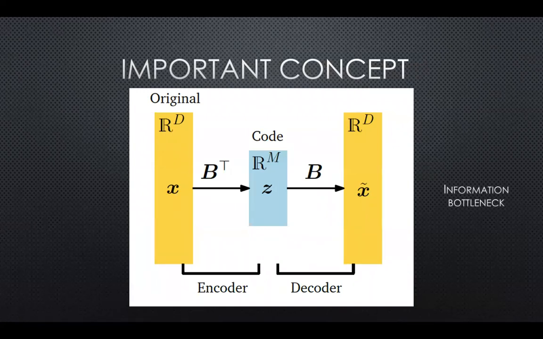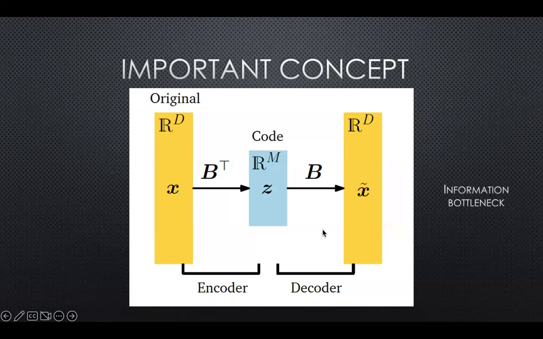But the key idea in dimensionality reduction is what's called an information bottleneck. You have these input features, you compress or encode them, and you go into a lower dimensional representation, the code, that captures most of the information that the original data has, such that if you wanted to reconstruct the original data, that is, go in this direction and decode it, you can reconstruct the original data.